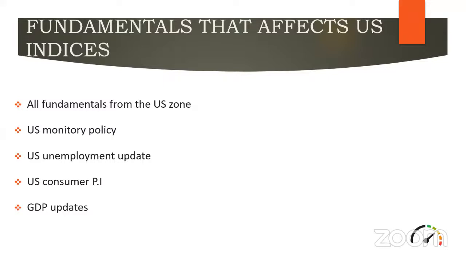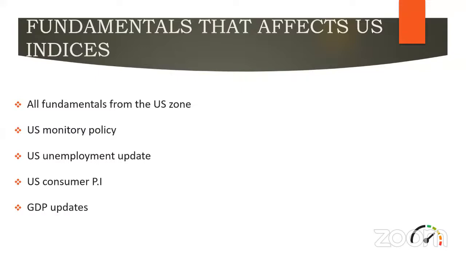So that is why fundamentals from the US zones affect the US index market, because usually, frequently, not every time, we have a negative correlation between the dollar and stocks.